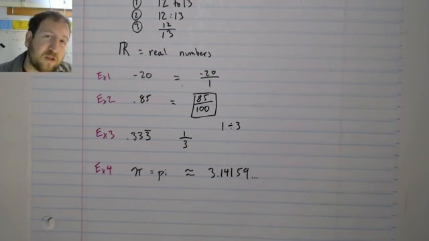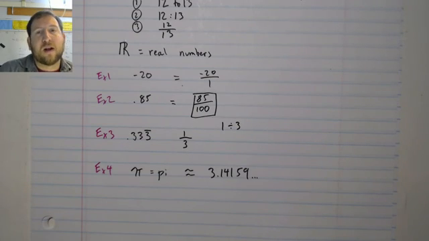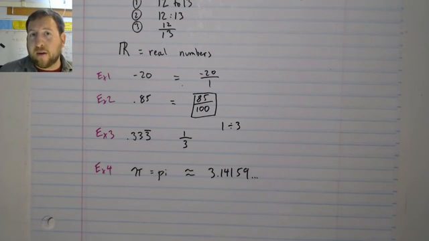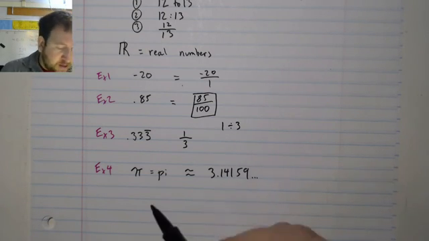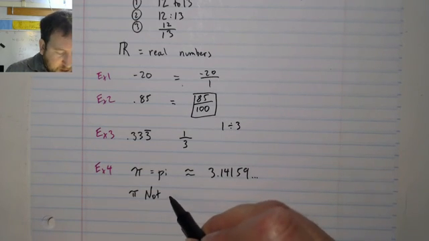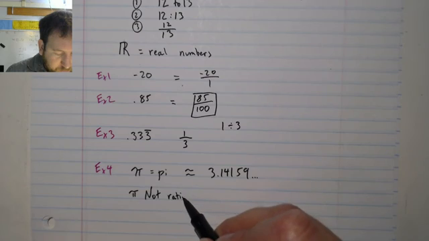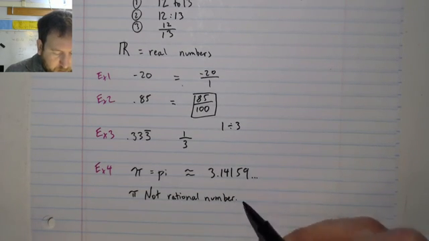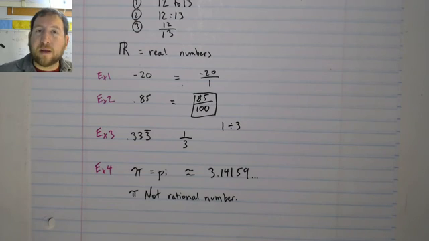Now, what's interesting about this number is it describes a comparison between parts of a circle, and there's actually no way that I can write this number out by comparing particular numbers. So pi is not a rational number. In this case, I would not be able to explain it as a comparison between two things.